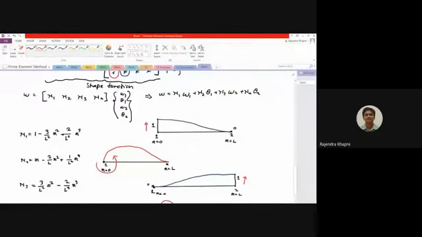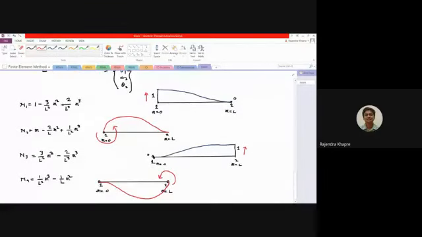You might have studied a similar kind of approach in the matrix method where the unit displacements and unit rotations are applied. This is very much similar to that, and in this way you can get the variation of the displacements, the variation of n1, n2, n3 and n4. As far as the basic rules are concerned, the summation of n1, n2, n3, n4 should be 1.